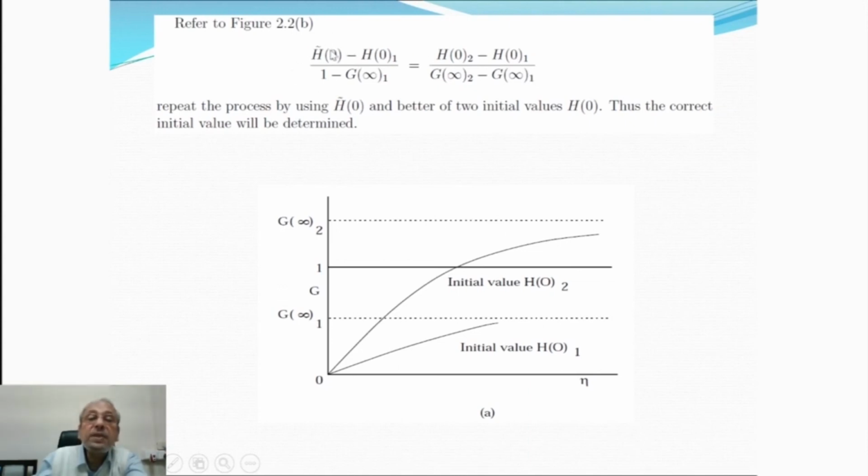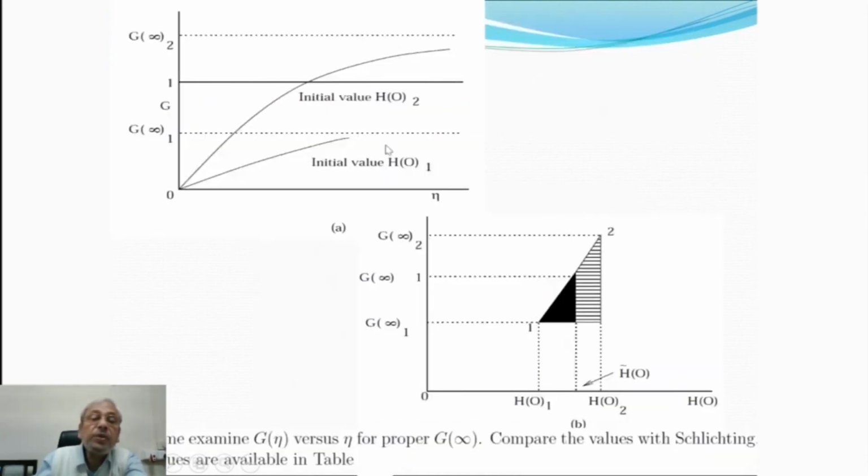I'll come back to this expression just after a second. We'll show it here again. So for initial guess h naught, this is the variation. Second guess h naught 1, second guess h naught 2, this is the variation. So for h naught 1, g infinity is this. For h naught 2, g infinity 2 is this. But we want the g infinity value as 1.